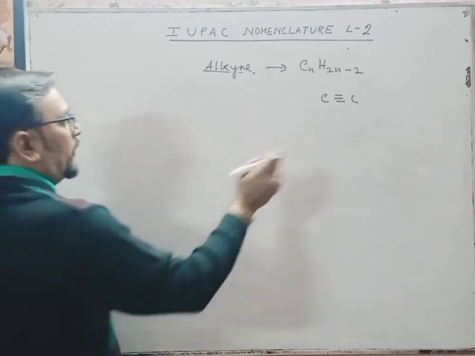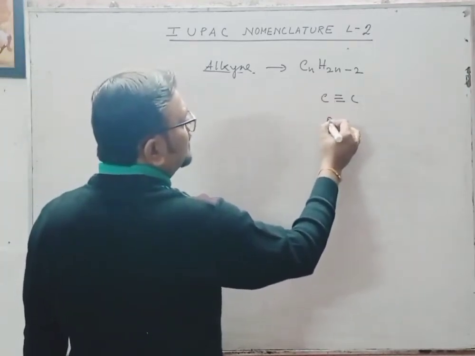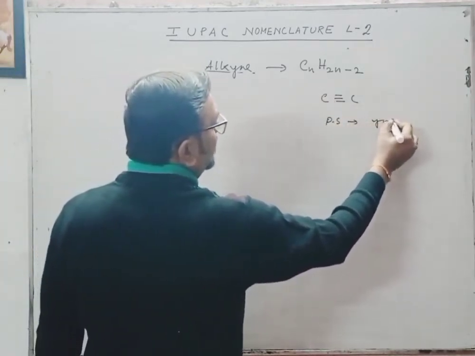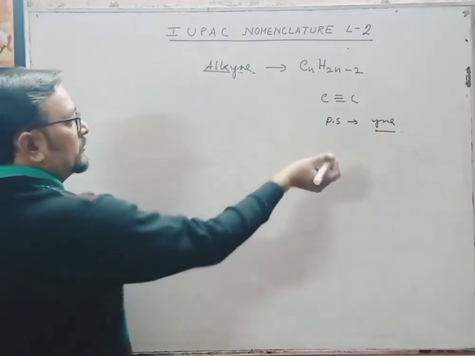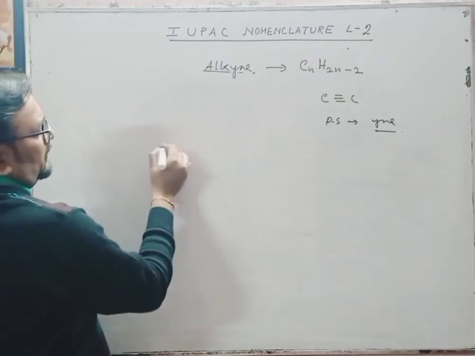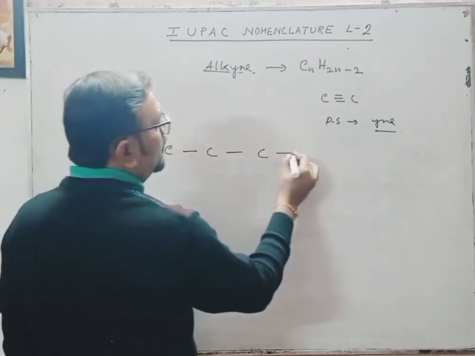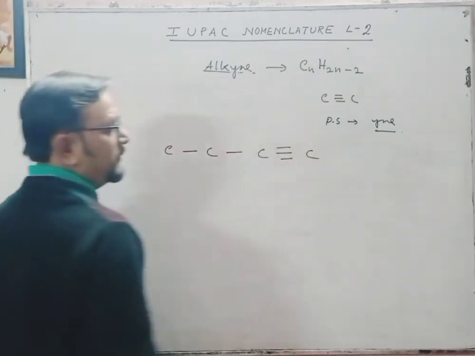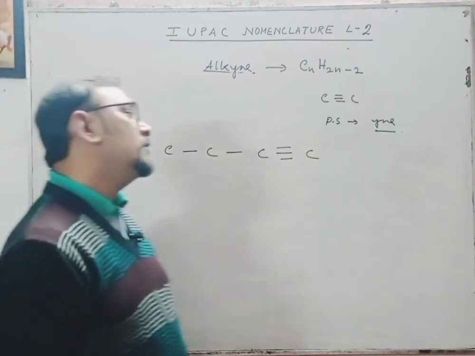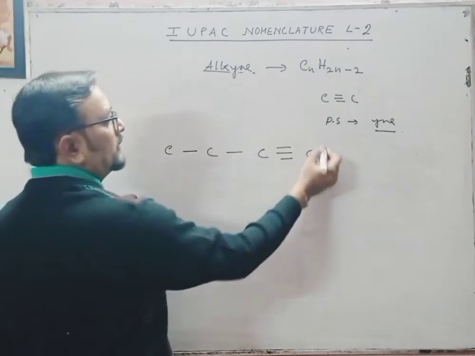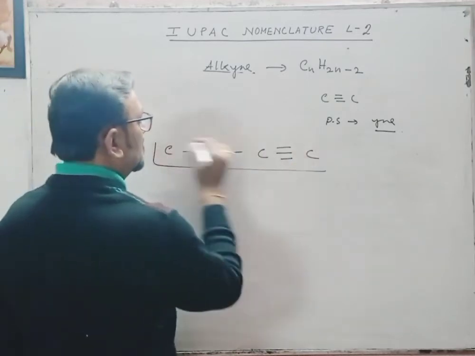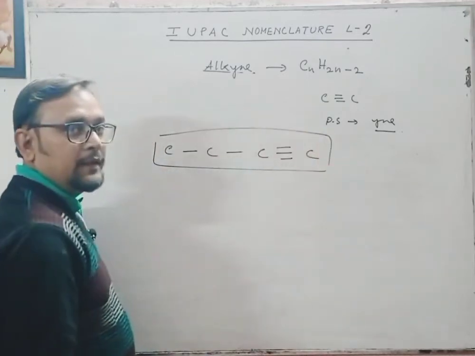And what is the suffix? The primary suffix we will use here is YNE. So let us start with, suppose I have given a compound like this, a triple bond is given. So what shall we do? First thing is that we have to select the longest chain. So here the longest chain is this only, simple, right?